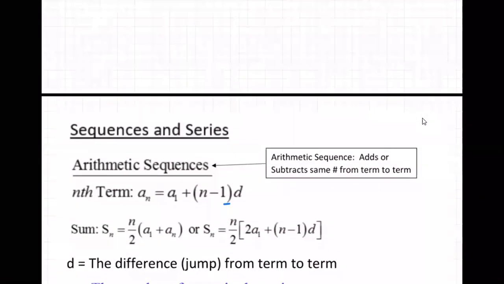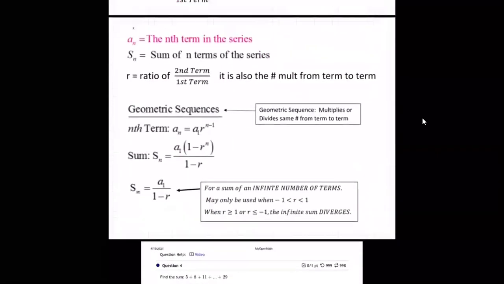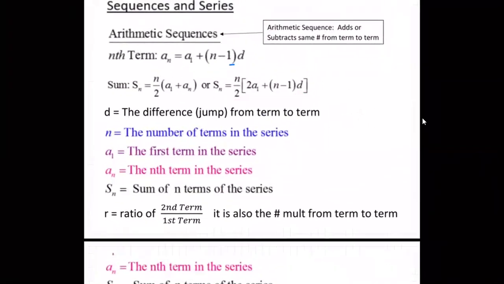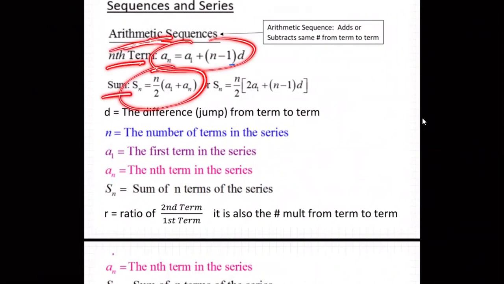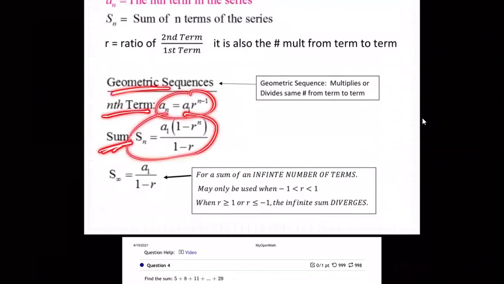By the way, notice we have 4 main formulas. You've got to pay attention. There's an A sub n and an S sub n for arithmetic, which are regular and sum for arithmetic. And then A sub n and S sub n for geometric, which are regular and sum for geometric.